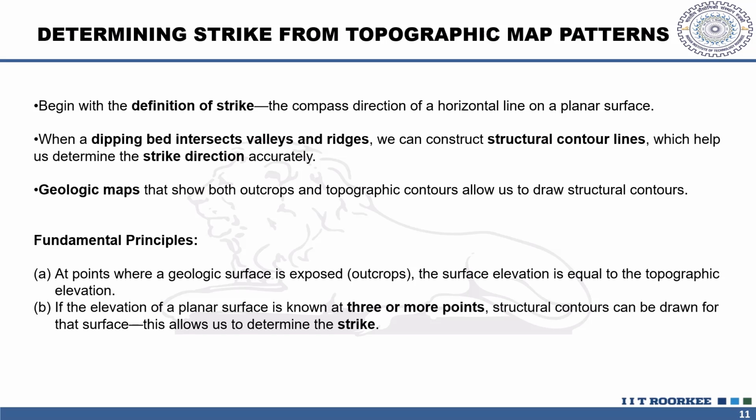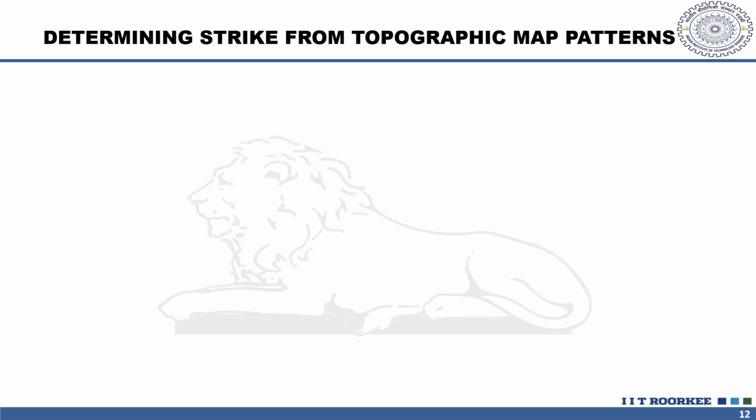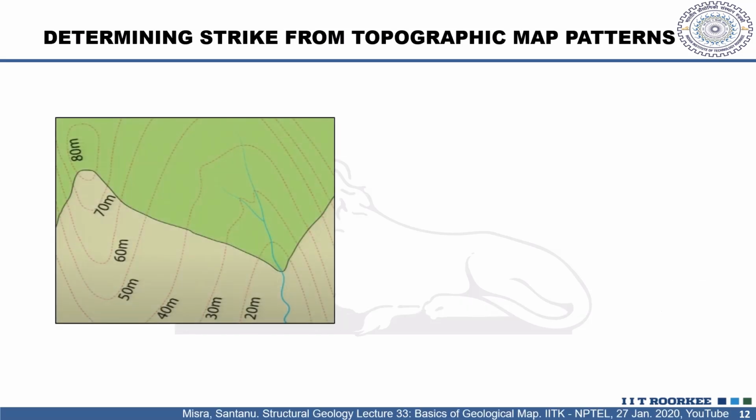I will better explain it in a diagram. So this is a map basically, and these are the contours, like 70-meter contour, 60-meter contour, 50-meter contour, and this is the contact. Okay, so take 3 points on the 60-meter contour. So this is a point. This is a point.